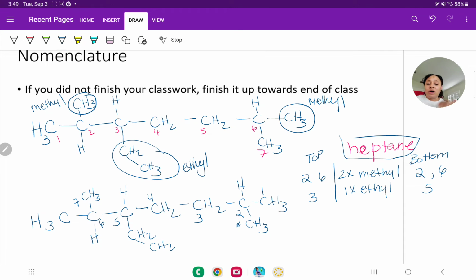Overall, all the numbers are the same, except on the bottom my ethyl ends up being a higher number. Because it's a higher number, we ignore that pathway. So I'm going to skip the bottom one and focus on this.